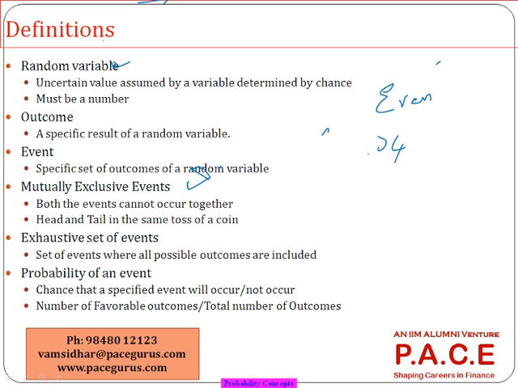Without knowing how many outcomes are possible, which is that exhaustive set of outcomes, I cannot track how many I want to track. So that's the reason whenever we define probability, we say out of the total number of outcomes, how many are the ones which I am tracking? How many of them are favorable to me?